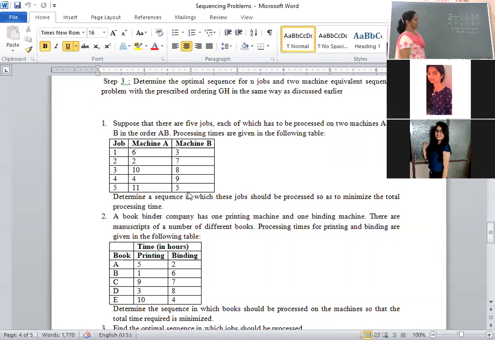The procedure says you have to search for the minimum processing time on both the machines, whether it is in weeks or hours, whatever duration they have given. If the minimum processing time is found on machine A, that job will be performed first.